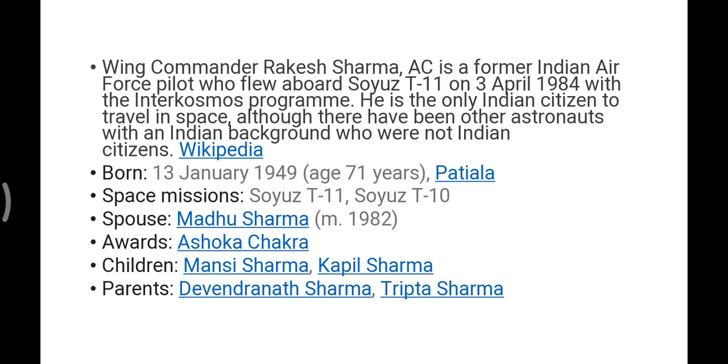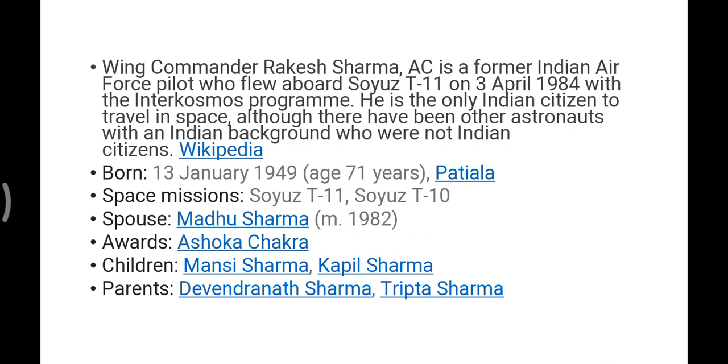Rakesh Sharma was born on 13th January 1949. His age is 71 years and he is staying in Patiala. Space mission: Soyuz T-11, Soyuz T-10. Spouse: Madhu Sharma, that is, his wife's name is Madhu Sharma. Awards: he has been awarded the Ashok Chakra.